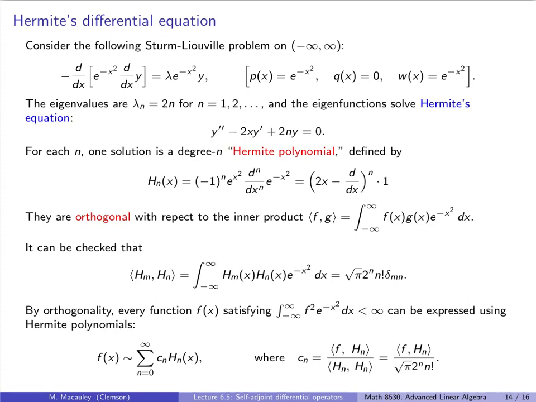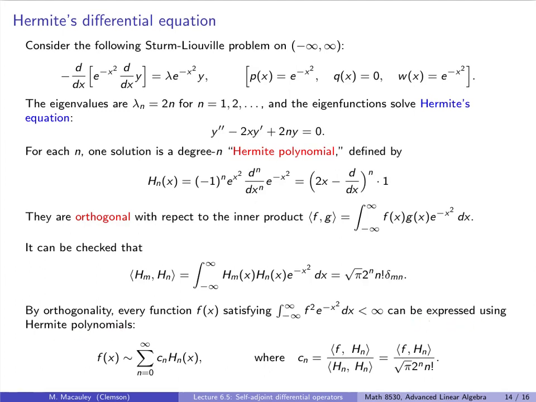By orthogonality, every function f of x in the correct Hilbert space, and when I say correct, there are a lot of details here, the integral over the whole real line of the square of f times e to the minus x squared has to be finite. So this function has to have some sort of finite norm. Such a function can be expressed using Hermite polynomials.